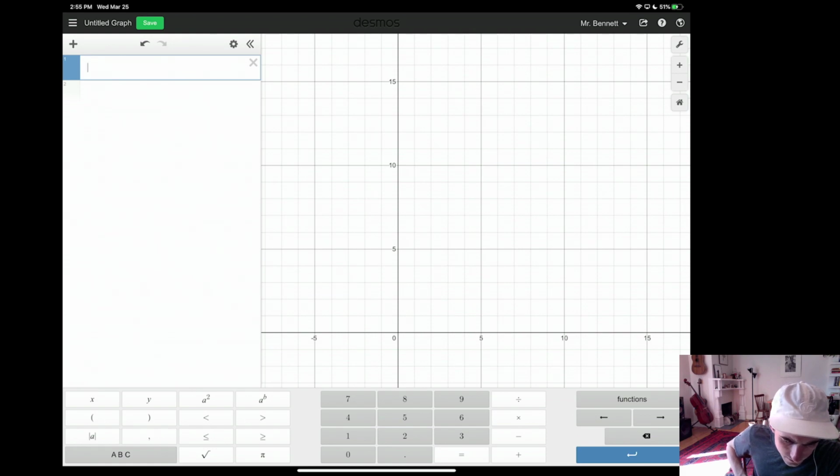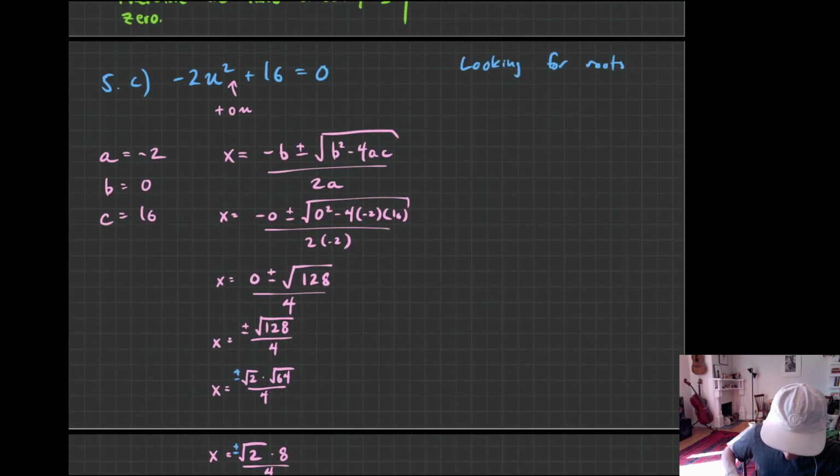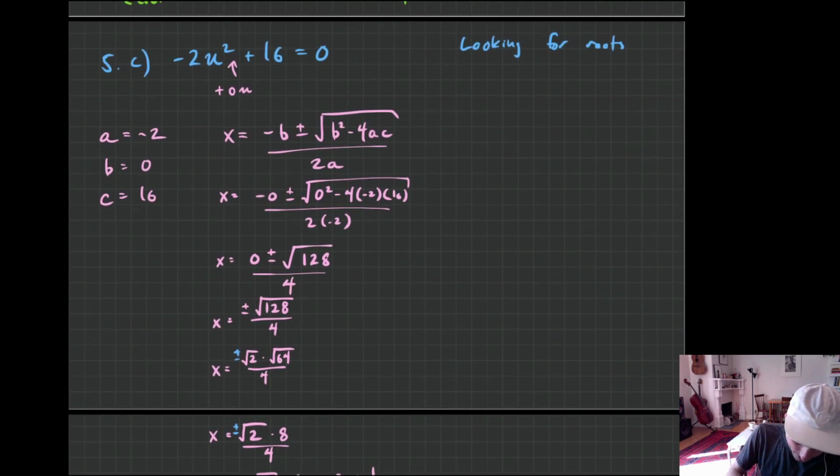No, there's no way that was 5C. Which one did I do? That was not 5C. Sorry about that. That was 7C. Sorry guys, this was 7C. I'm not sure where I made that mistake.